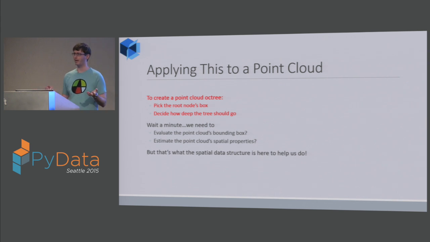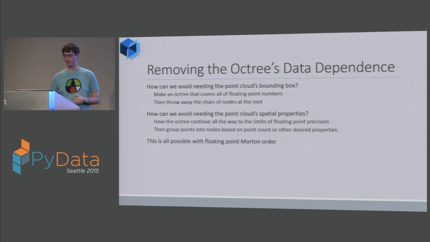If you want to be adaptive, where there's more points, you want to go deeper there, but not here. How do you pick what the bottom of the thing should be? And the big thing is that's what the spatial data structure was here for to begin with. So why do we have to know this information before we're actually getting to the spatial data structure?